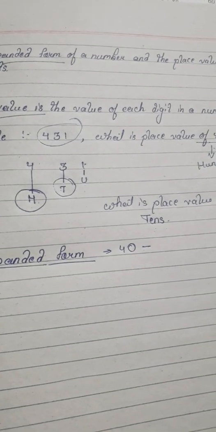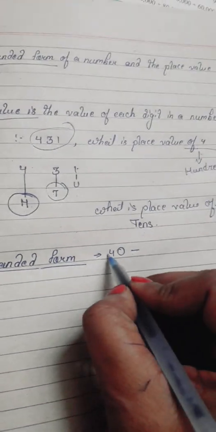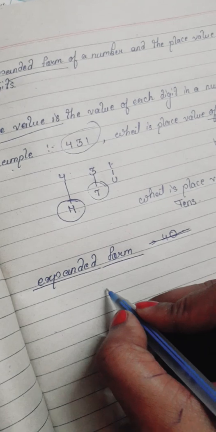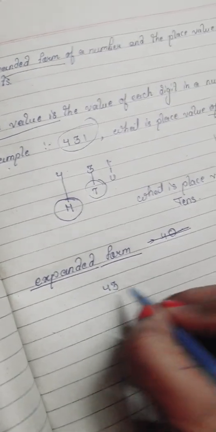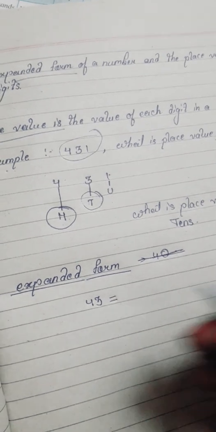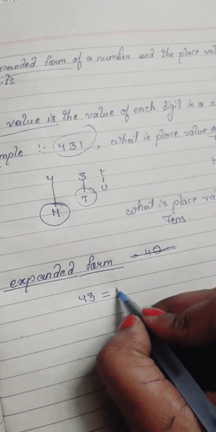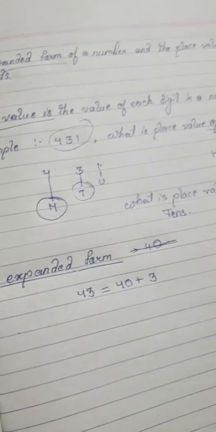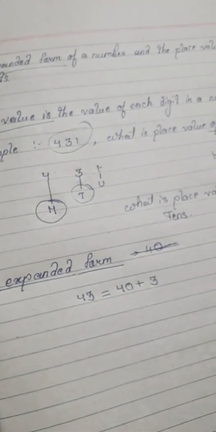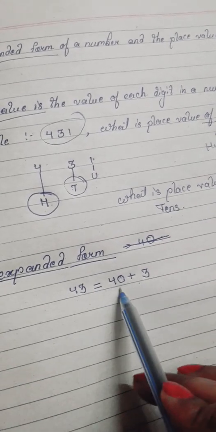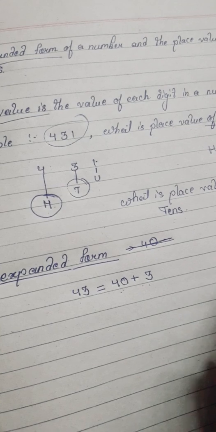To understand this we'll take a number, 43. We can write 43 as 40 plus 3. Clear? So this will be the expanded form of 43, 40 plus 3.